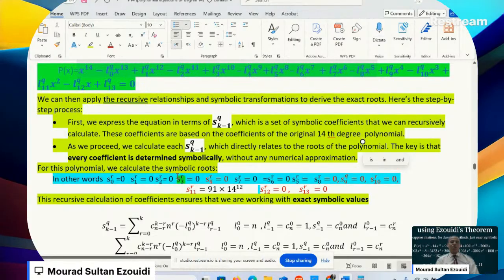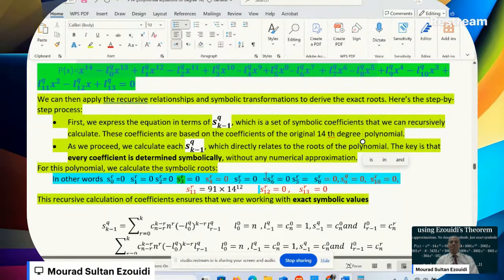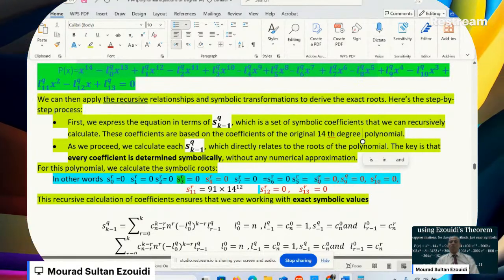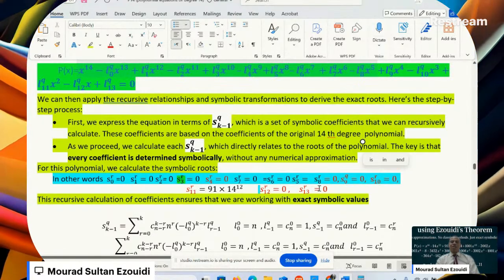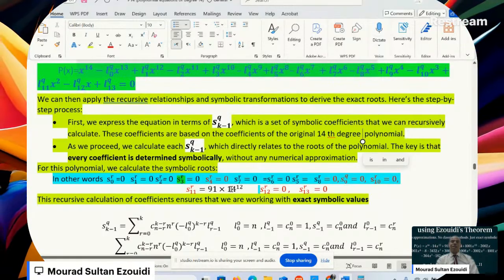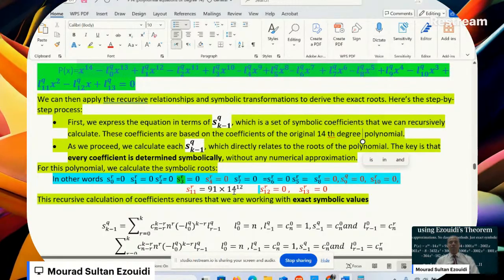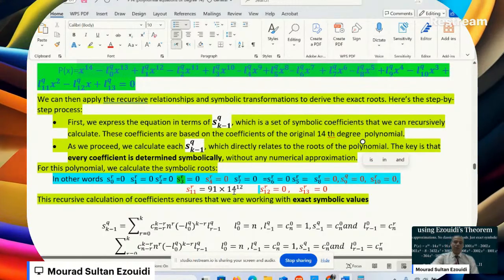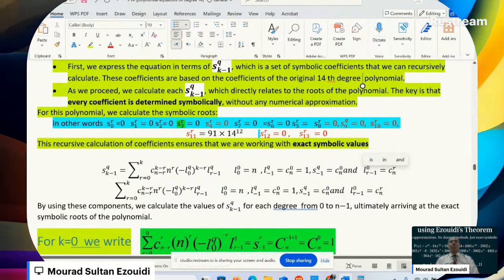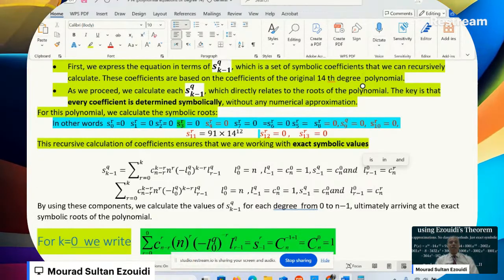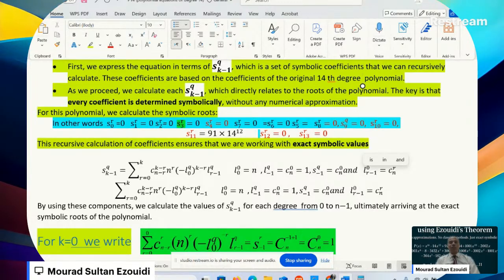So S2 is equal to 0, S3 equals 0, S4 equals 0, S7 equals 0, S6 also is 0, S5, S8, S9, S10, S12, S13 are 0, except S11 is different from 0, which is equal to 91 times 14 to the power 12. This recursive calculation, my professors and learners and students, ensures that we are working with exact symbolic values.